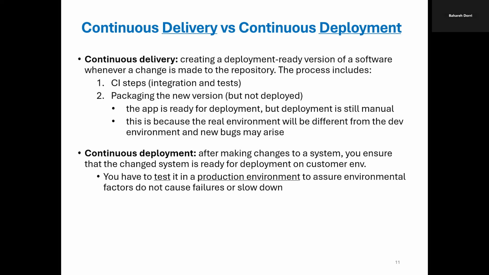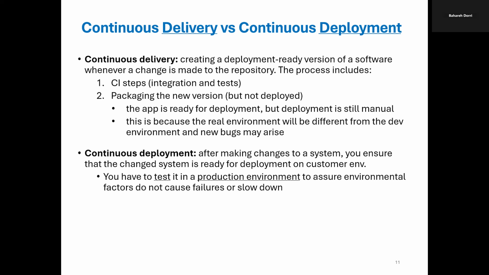Why? Because we recognize that the production environment might differ from development or test environments, and that can introduce new bugs or unexpected behavior. Now, continuous deployment takes it a step further. Here, once the change passes all tests and gets packaged, it's automatically released to users.